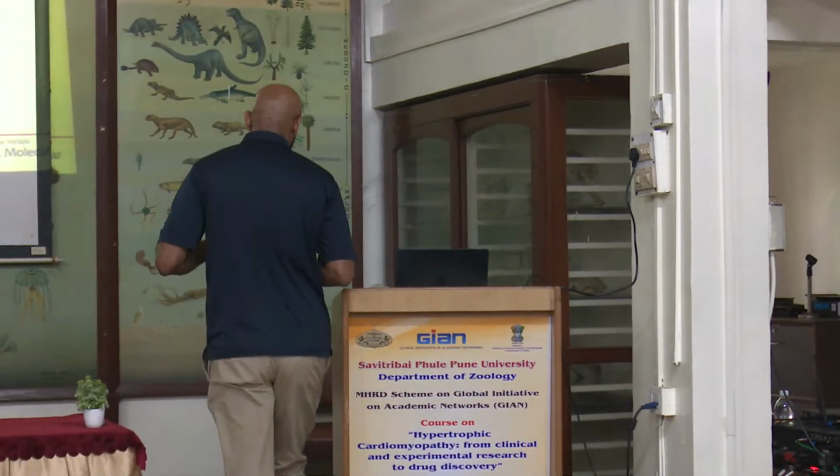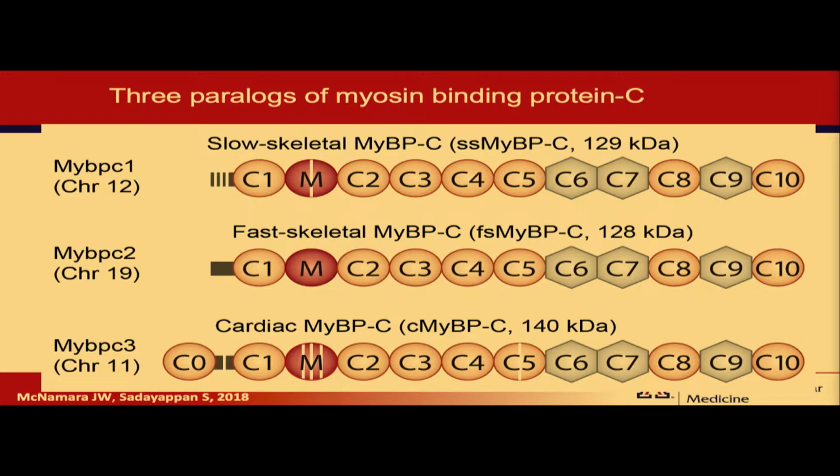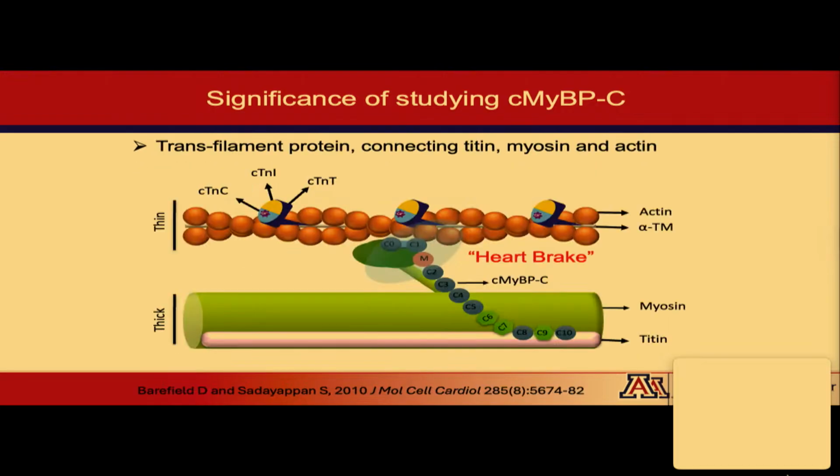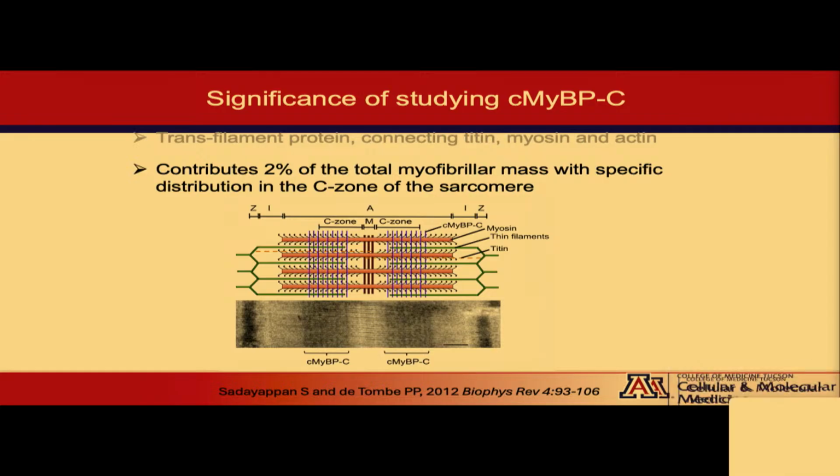If you look at all the sarcomere literature, this is the one, immunogold electron microscopic analysis, where you stain the sections with antibodies and then you have gold, immunogold staining.